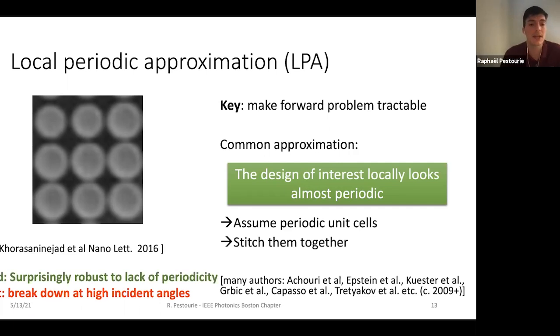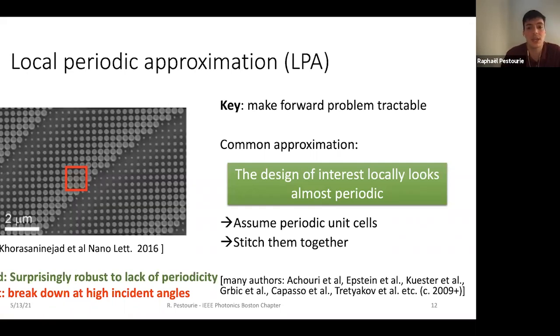I'm going to come back to it later, but there are two things that I want to say already about this assumption, which is central in my talk today. The first one is that it's surprisingly robust to a lack of periodicity. As you can see in this metasurface, I chose the right 9 circles that look all the same, but you could easily find neighboring circles that do not look the same, and it still works pretty well.